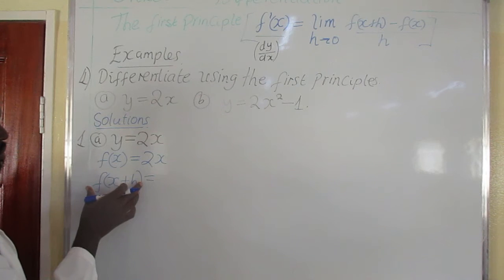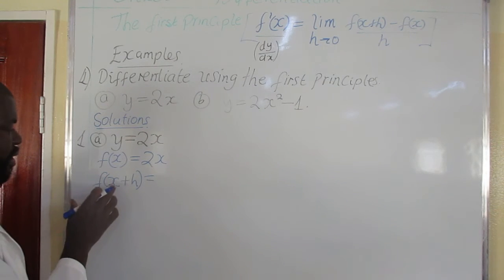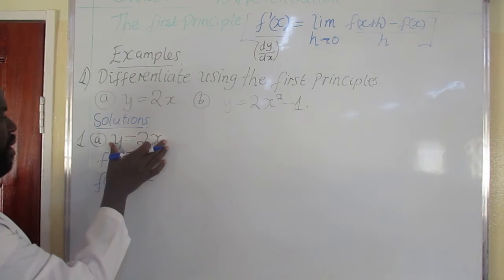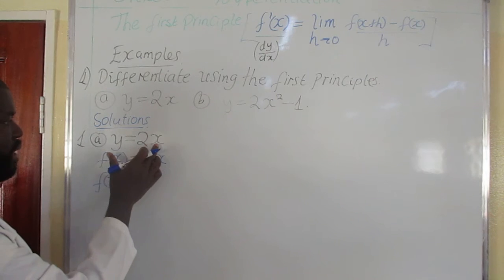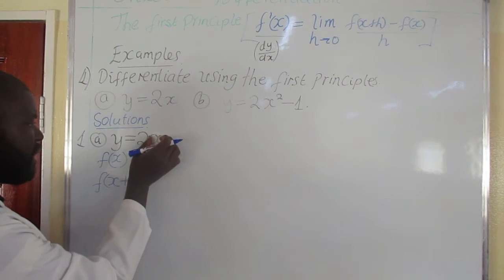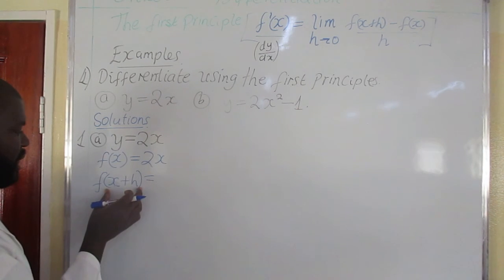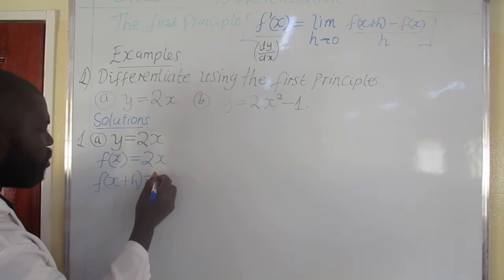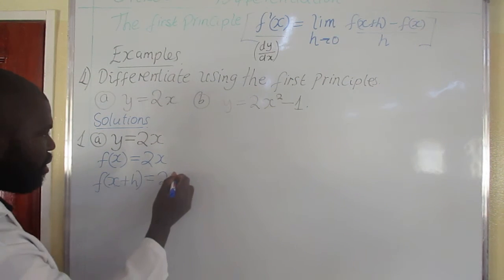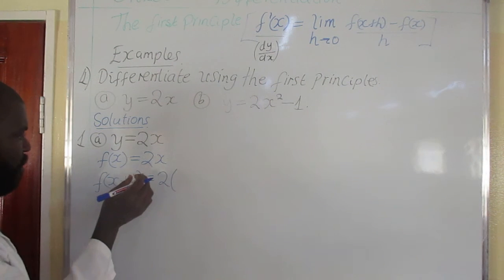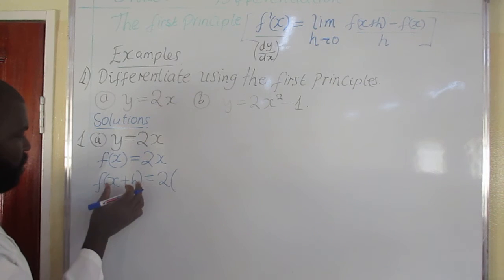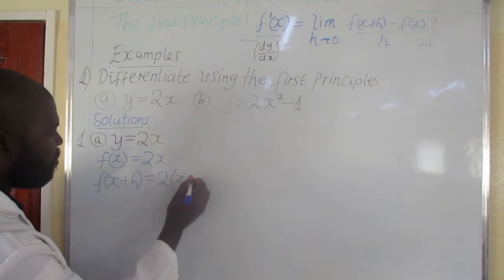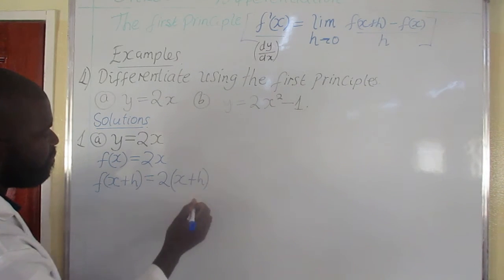So for example, getting our f of x plus h from our original function, which is 2x, where we have x here, we shall put x plus h. So we have 2 times x plus h.